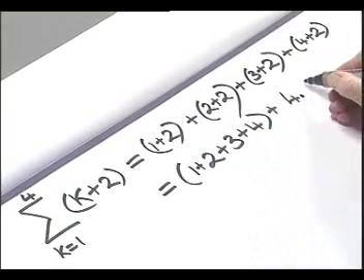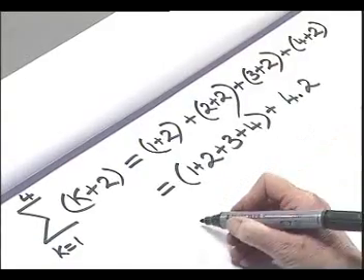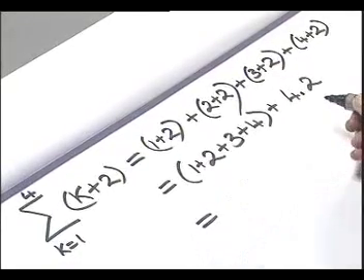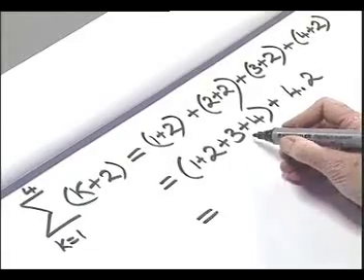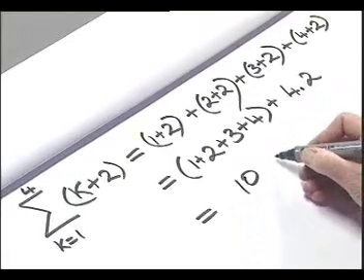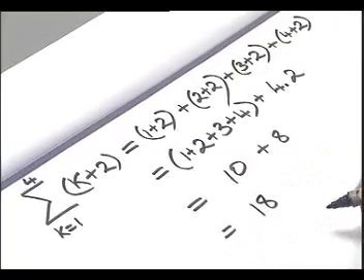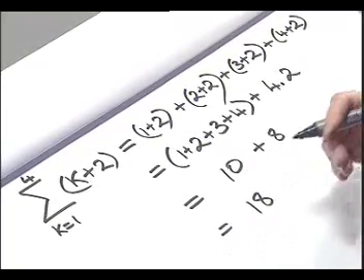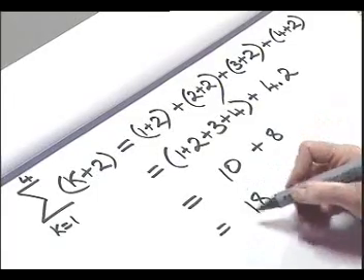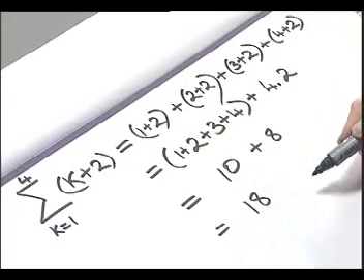So that is 4 times 2. And then we can easily evaluate this expression. 1 plus 2 plus 3 plus 4 is 10, plus 4 2s are 8. So the answer is 18. But as I said before, we're not so much concerned with the answer, but in the process.